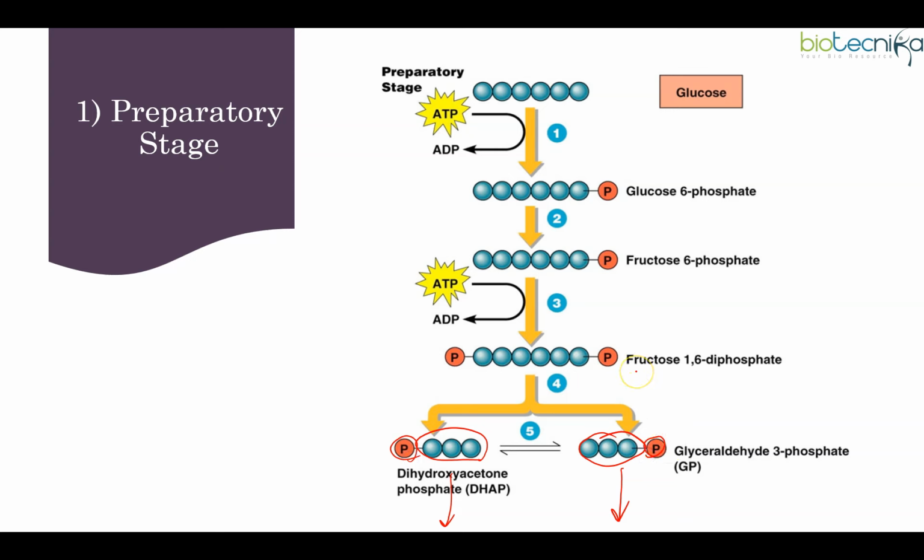That means 2 phosphate groups need to be attached in these first few steps. Okay. So the first step of glycolysis is attachment of a phosphate group at the 6th carbon. If you count 1, 2, 3, 4, 5, 6, the first phosphate is attached at the 6th carbon. Thus you are making glucose 6-phosphate.